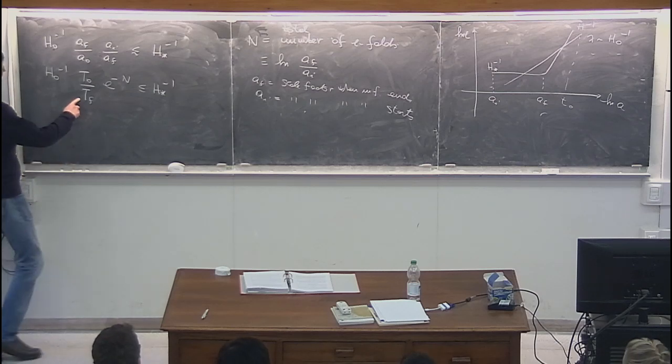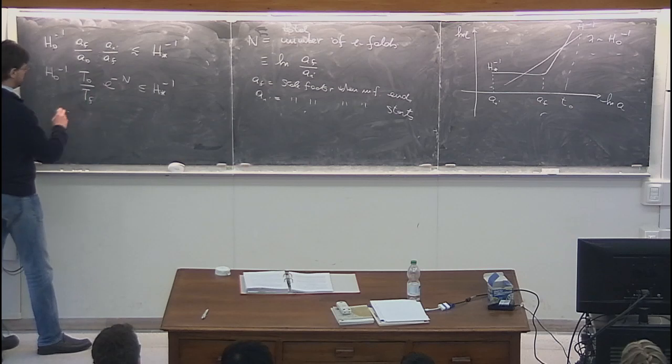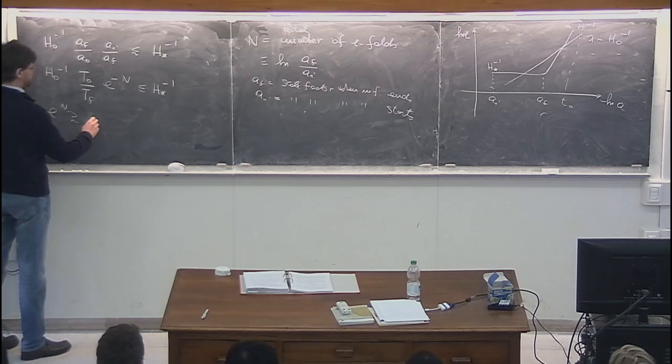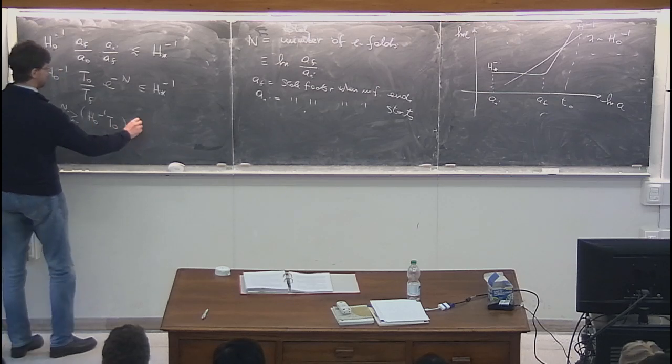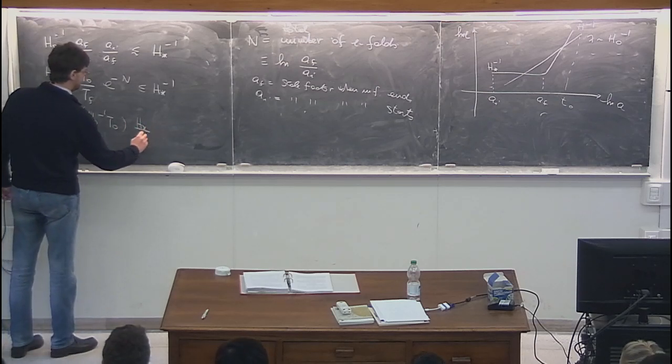So from here you see that I have to impose that e^N has to be larger than H_0^-1 times T_0, and then H_star divided by T_F.